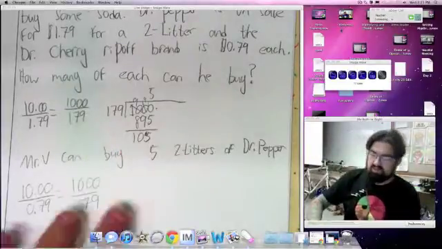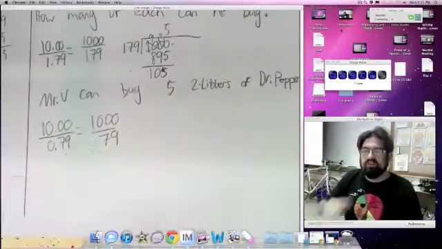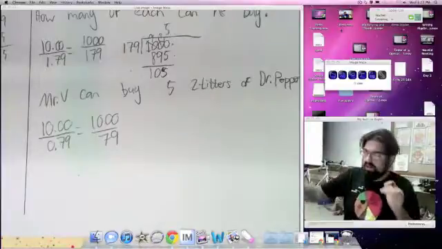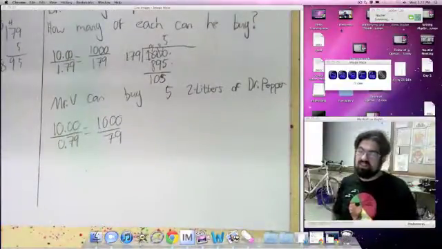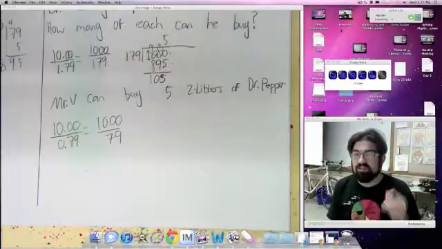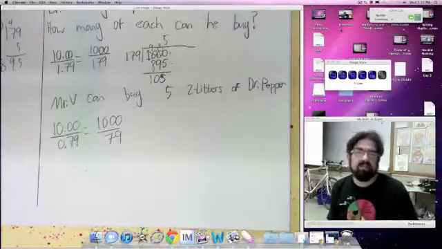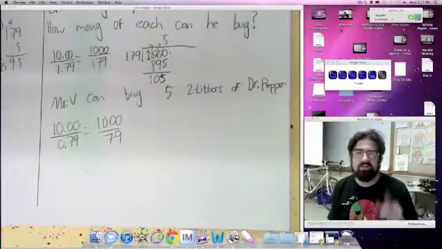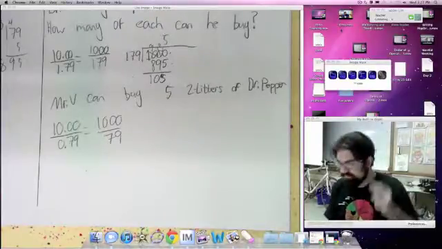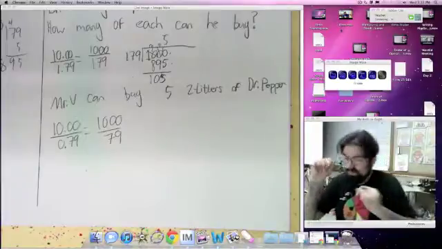It's a smaller number than 179. It's like under half. If I double that, it's going to be smaller than 1.79. I'm going to bet I can buy more than 10 because double 5 is 10. I bet it's 10 or more. I'm predicting. We're going to check.